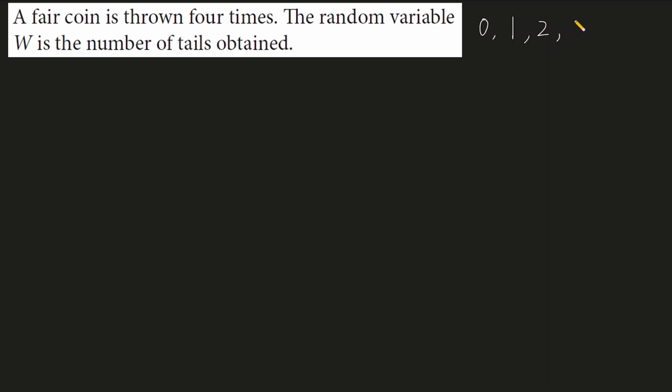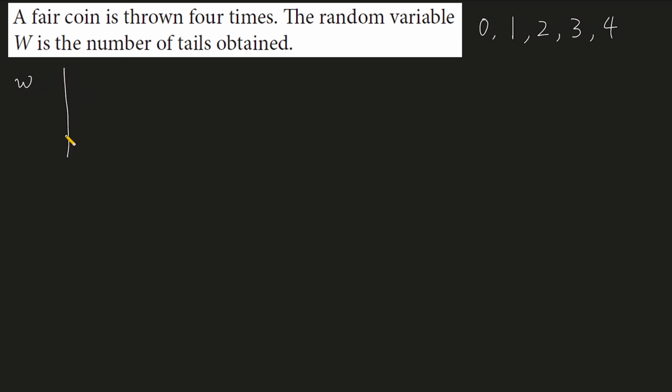And the number can be 3. This is we get tails on 3 times and get head on 1 time. And the number can be 4. This is we got tails on all the 4 times. So now we use the lowercase w to represent the possible value.